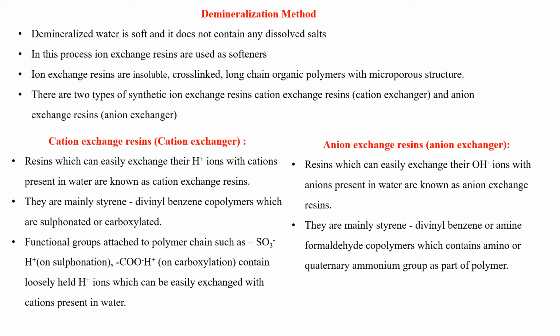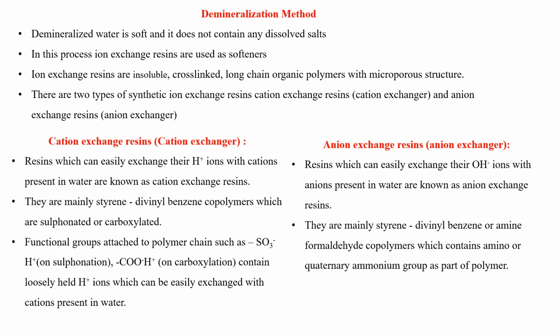Cation exchange resin is also called a cation exchanger. So the resin which can easily exchange its H+ ion with the cations present in water is known as the cation exchanger resin. In this cation exchange resin, actually it's a copolymer of styrene divinyl benzene, which has functional groups, that is sulfonic acid, meaning SO3- and H+, and carboxylic acid, that is COO- and H+.